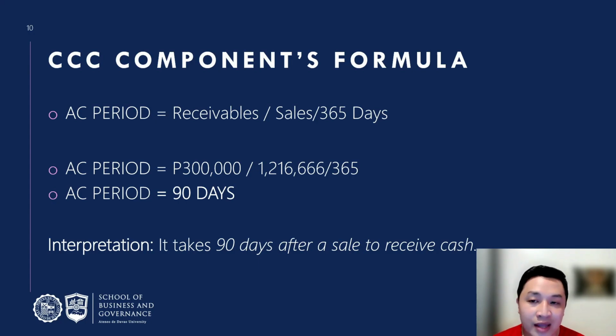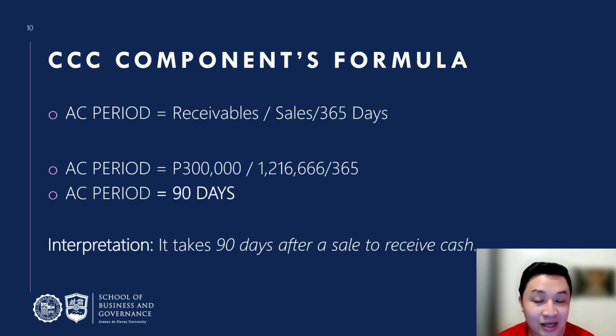So for you to get the cash conversion cycle, you need to compute also the AC period, or what we call the average collection period. By getting the AC period, you have to know the value of your receivables and divide it by sales over 365 days.